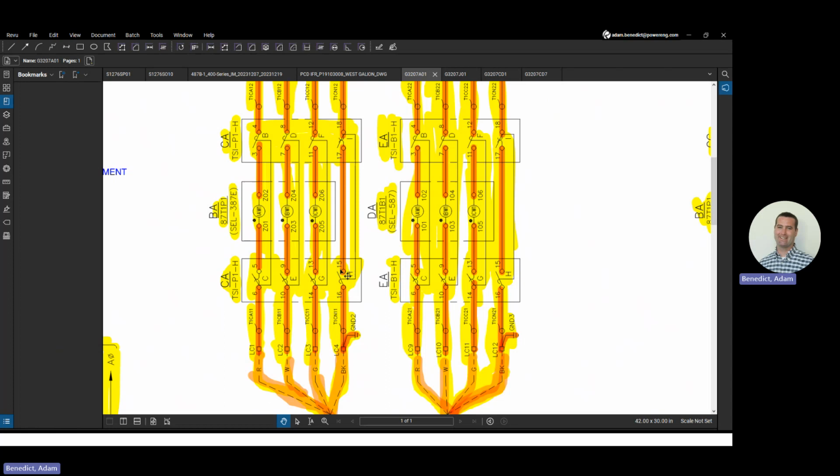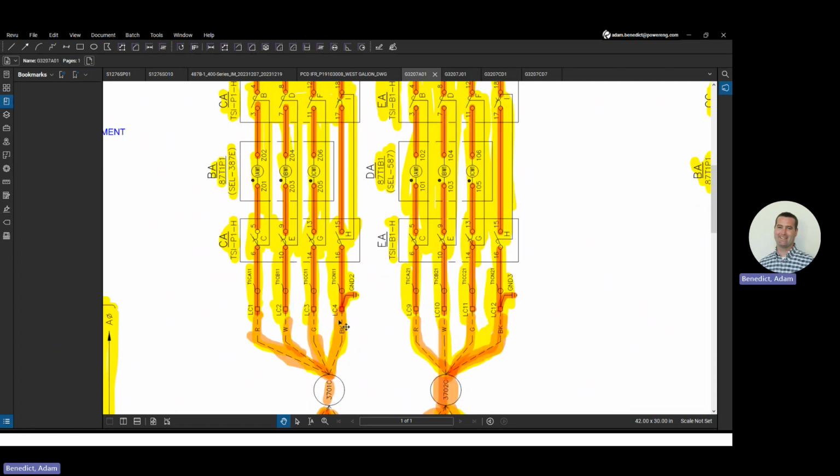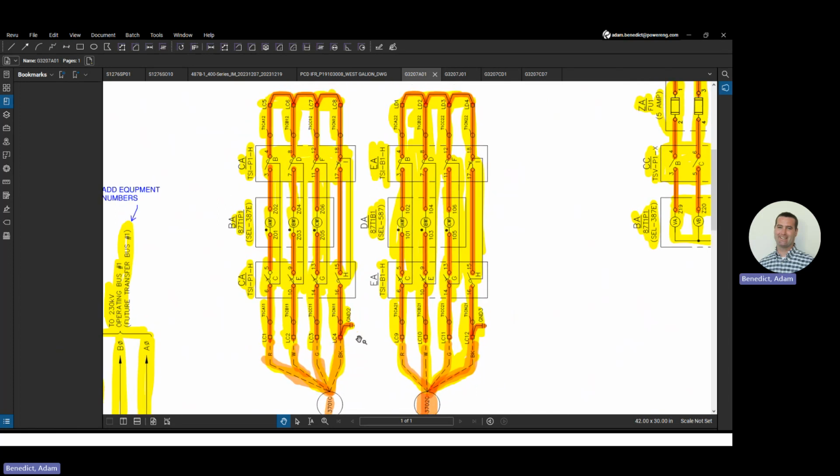You're also looking for any way the CT could accidentally be opened. There's a utility in Massachusetts where they don't use shorting terminal blocks, and it always causes me heartburn to work on that.